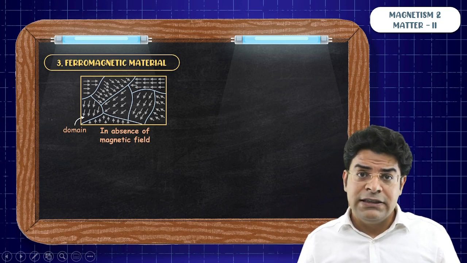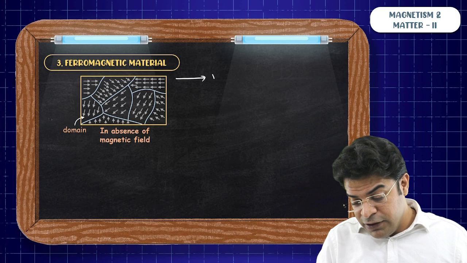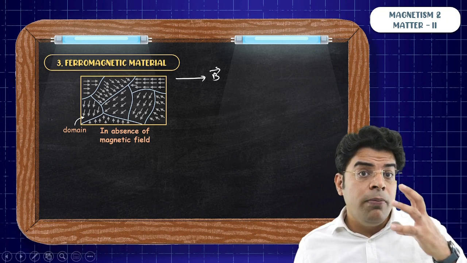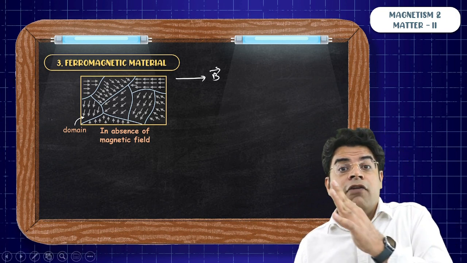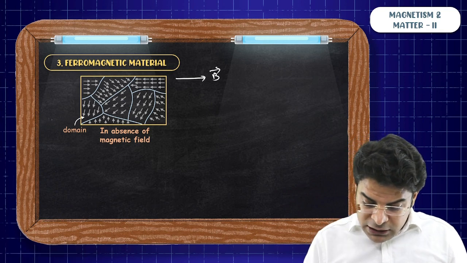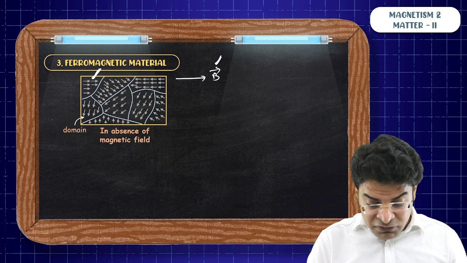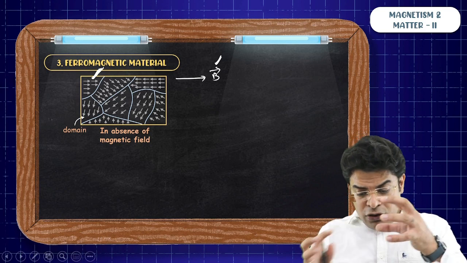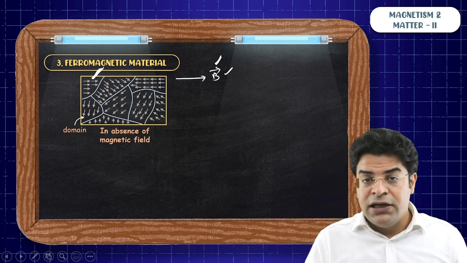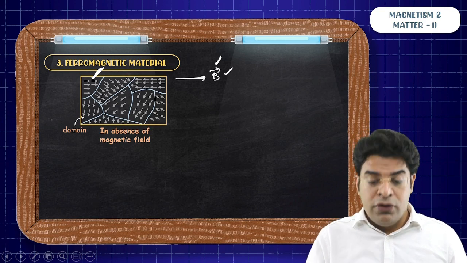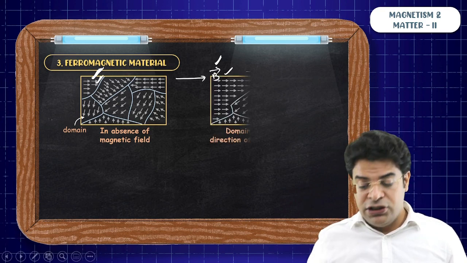But if you place it in an external magnetic field, the domain grows in the direction of the magnetic field. Since the applied magnetic field is in the same direction as this domain, this particular domain grows and the number of magnetic dipoles in the domain pointing in this direction increases.